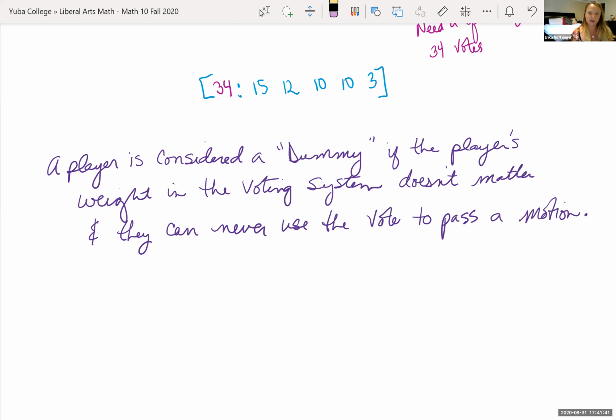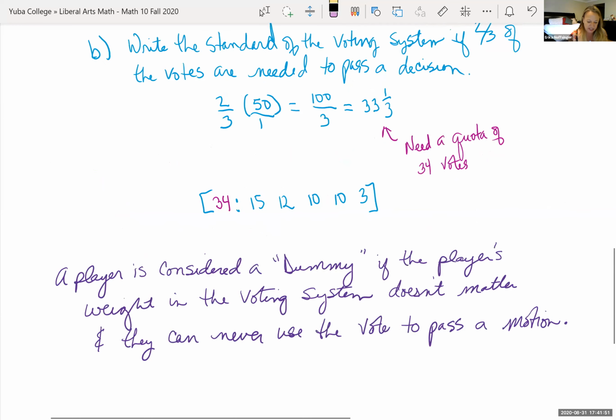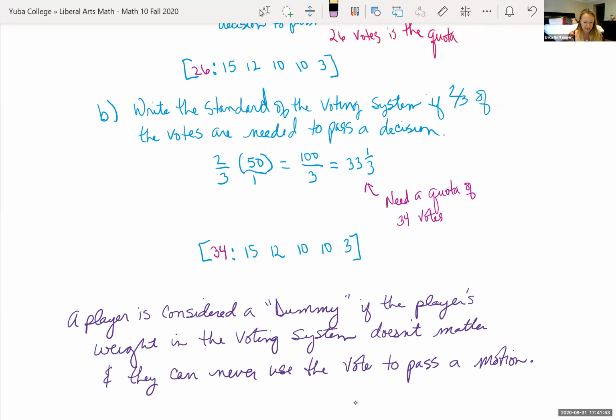So maybe let's go up to that first piece that we had looked at earlier, where it was a simple majority. And let's see if any of these players are a dummy player in this simple majority. Let me see.